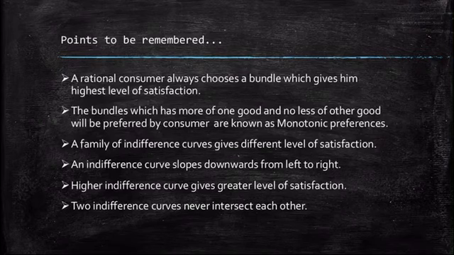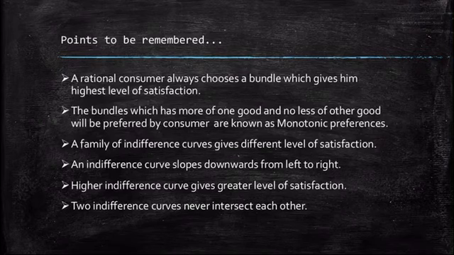We learned the meaning of monotonic preferences, which means the bundles which have more of at least one of the goods but no less of the other good. Preferences of this kind are called monotonic preferences.